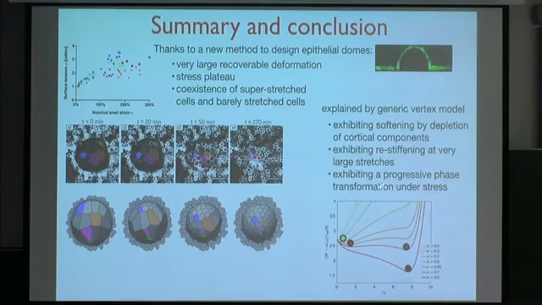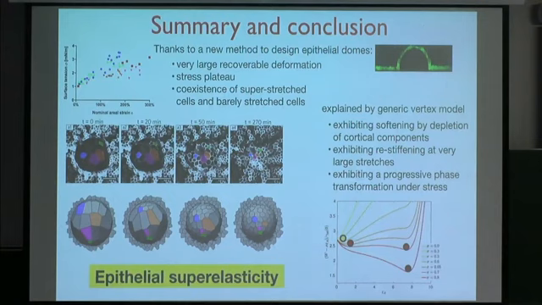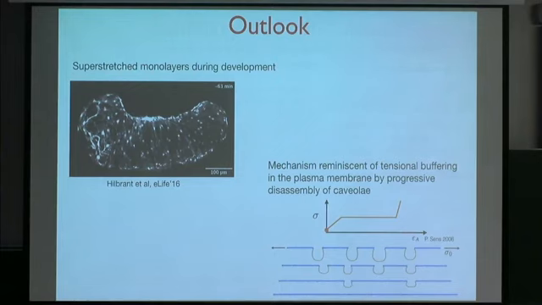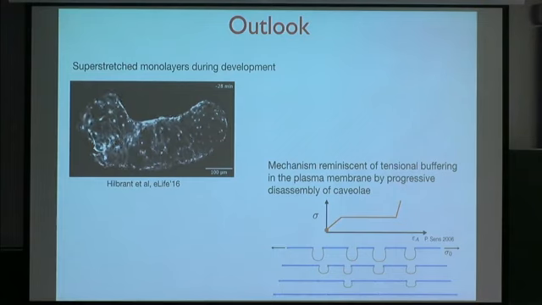You have this progressive phase transformation under stress. So this is just an instance of superelasticity, mechanical behavior that is observed in other kinds of materials. And this would be a mechanism by which epithelial cells can sustain huge deformations by maintaining a controlled tension. I leave it here because I don't have time, but we're trying to understand what the implications of this observation are. Thank you.